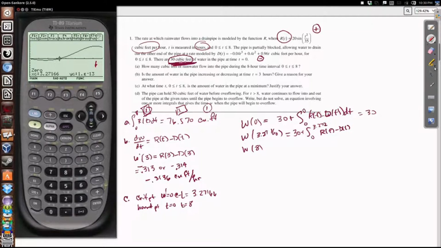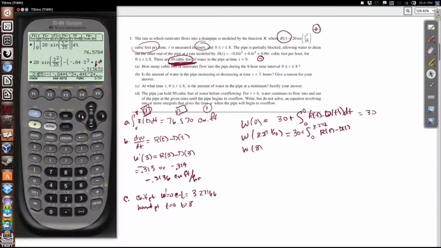And when I put this in my calculator, going back to my home screen, I'm going to take this function and I want to take 30 plus the integral of this, and it's going to be all of this with t's instead of 3's. It would have been helpful if I'd changed these along the way.